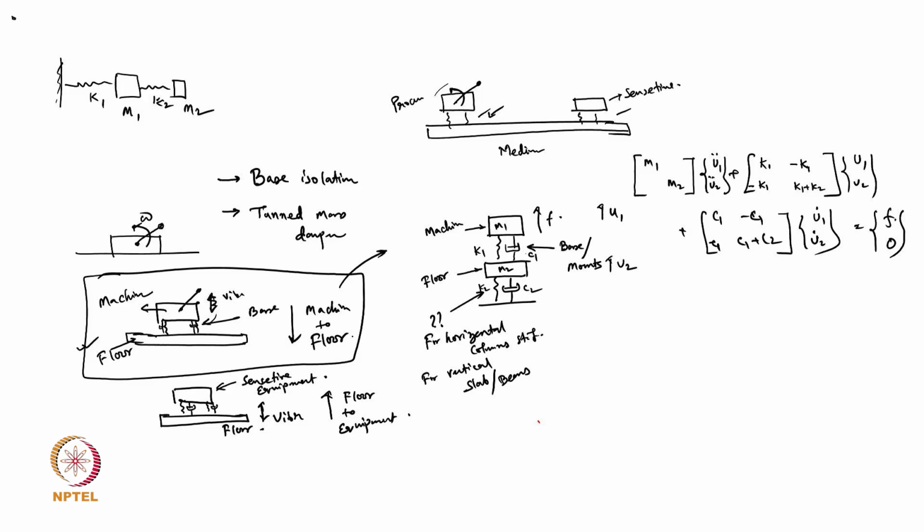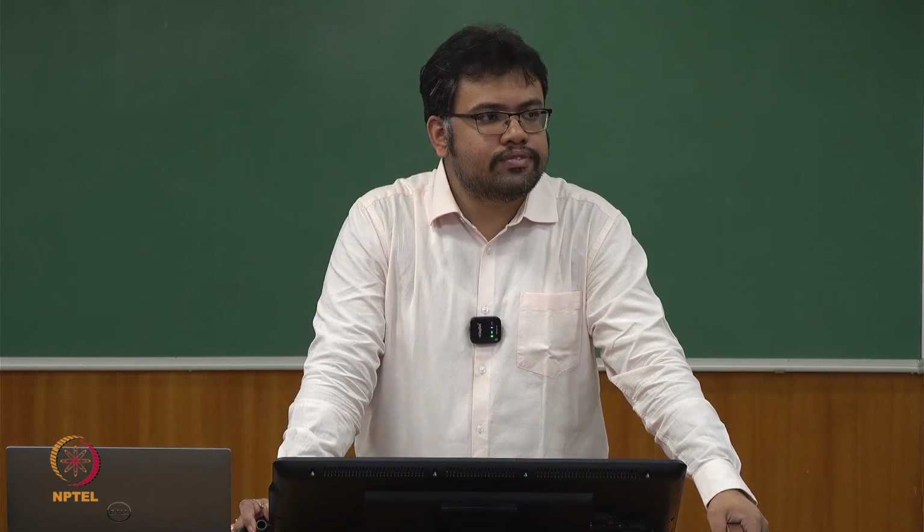Accordingly the damping matrix is also written. And that should be equal to f and 0, because force is only applied in the first degree of freedom, not in the other. Any doubt up to that?